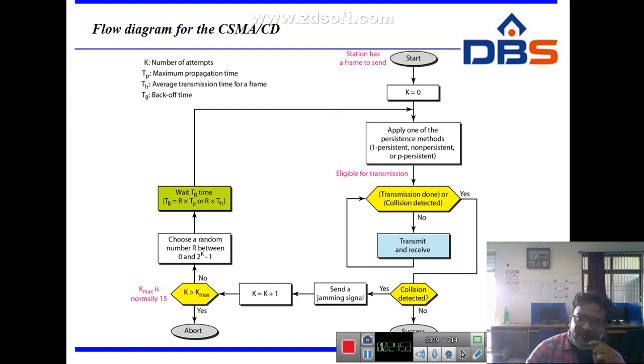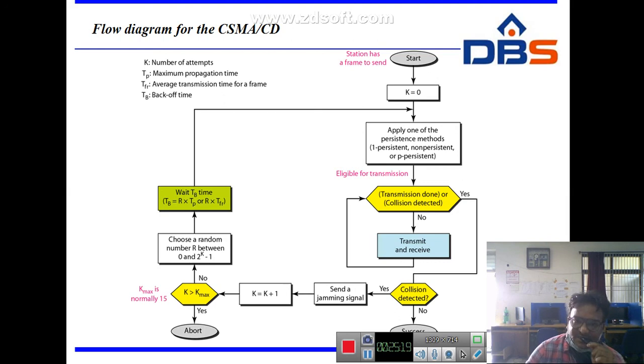again. Initially the station sends the frame, that is k equal to 0. If the channel is free or idle, then it applies one of the persistence methods, that is one persistent, non-persistent, or p-persistent method, which checks whether the channel is eligible for transmission.